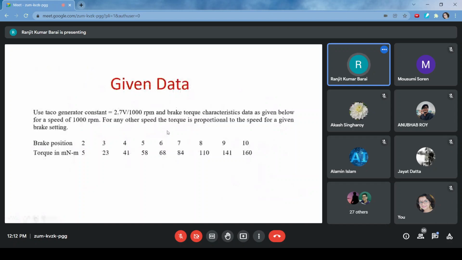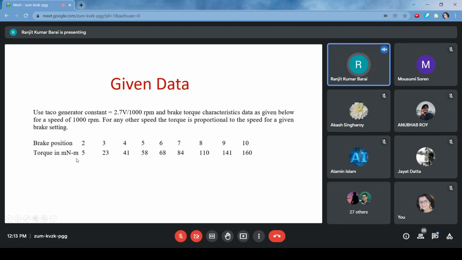Perform this part of the experiment. What is given? A characteristic is given. Brake torque characteristics have been represented here as brake position. There are a few brake positions like 2, 3, 4, 5, up to 10, and the mechanical torque applied by the brakes in these positions is given.